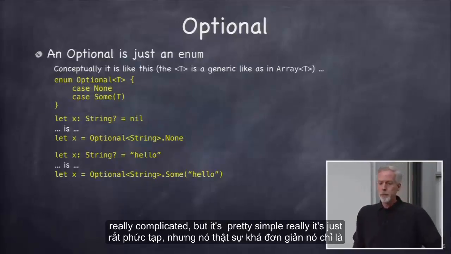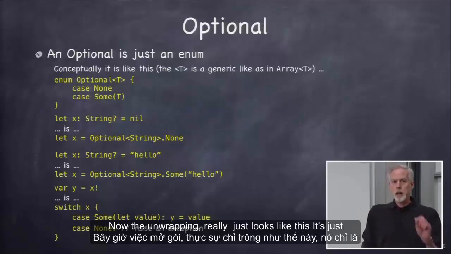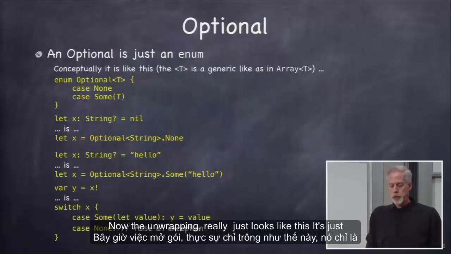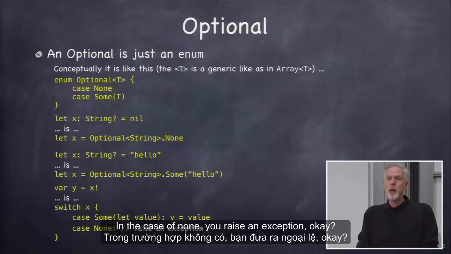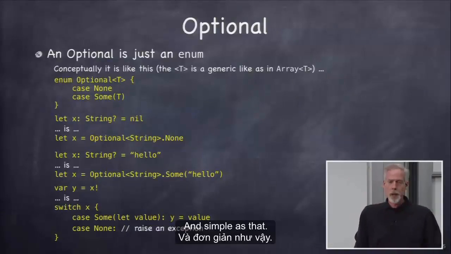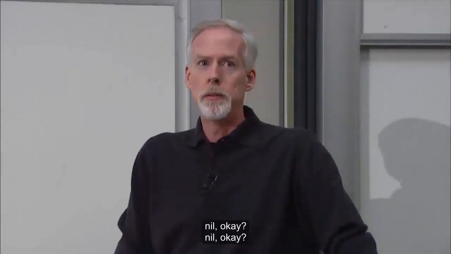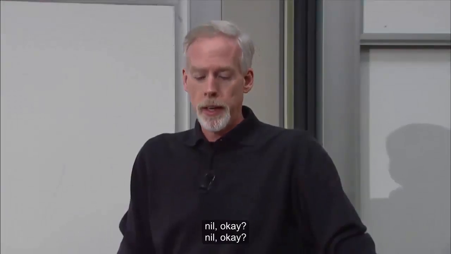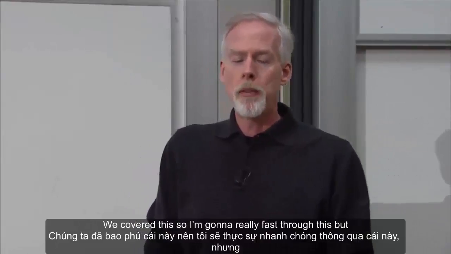It's just syntactic sugar for this optional. Now, the unwrapping really just looks like this. It's just a switch. In the case of some, you give the value back. And in the case of none, you raise an exception. Simple as that. That's why it crashes when you unwrap something that's nil.